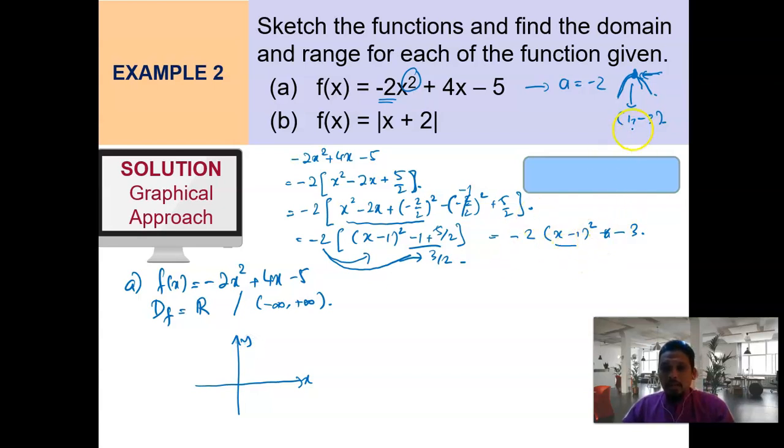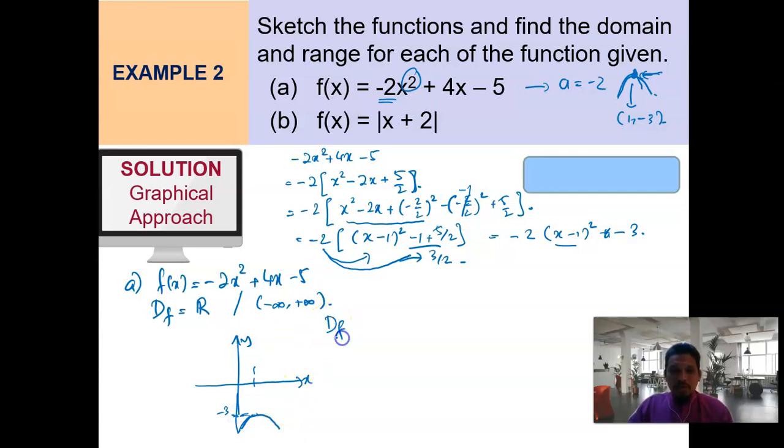The coordinate is 1 where x equals 1 here and negative 3 here. So the graph will be something like this, a curve below the x-axis, and the highest value is -3.